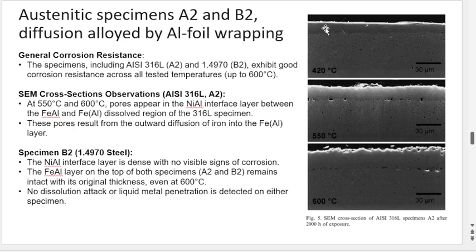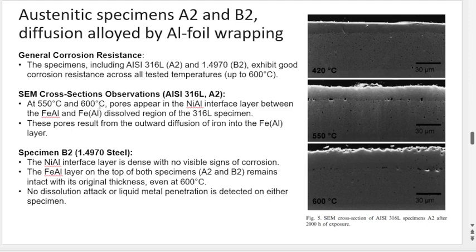At 420, we can see the layer nicely formed and covered, and also protecting the materials. Also the same with 550 degrees C, no signs of penetration of PBBI. Same with 600 degrees C. Very nice, a homogeneous layer of aluminum formed with no penetration.